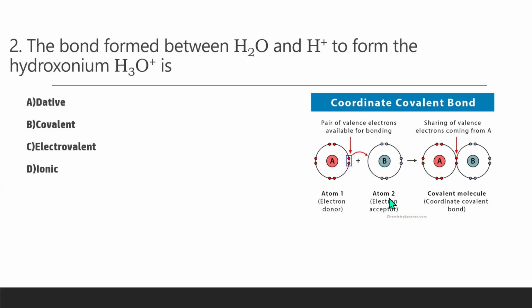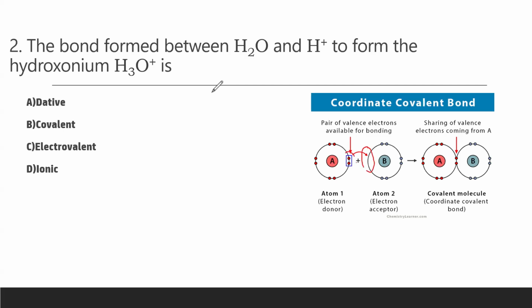But generally, the sharing of electrons is unequal. It's just one atom that donates or shares the electrons, while the other atom does not share any electrons. Now look at this. Atom 1 here has 2 electrons in red, while atom 2, as you can clearly see, has no electrons occupying this space.